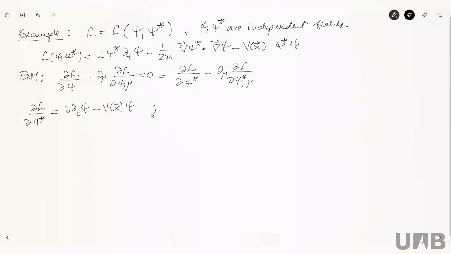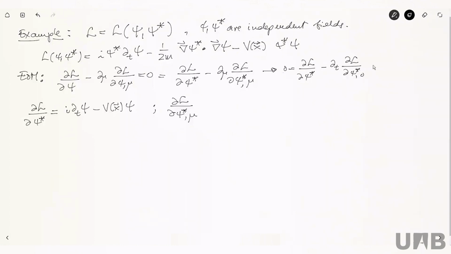Okay. And now, what is the derivative of L with respect to psi star comma mu? Well, here we have to distinguish, right? So it's a good idea to distinguish. So let's write this thing as 0 equals partial of L with respect to psi star minus time derivative partial of L with respect to psi star 0.